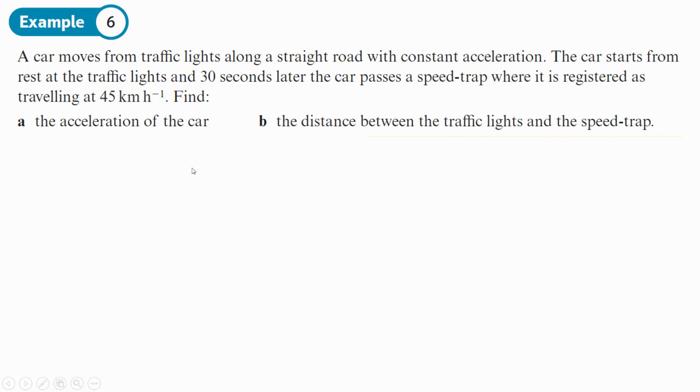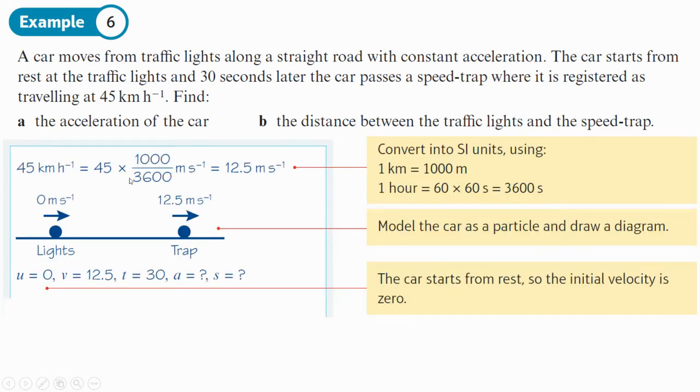Okay, so first thing we're going to do is convert the units. So 45 kilometers per hour. We went over this in the previous lesson, how to do this. So change the kilometers into meters, times by 1,000. Change the hours into minutes and then seconds, divided by 3,600, so it's 12.5 meters per second.